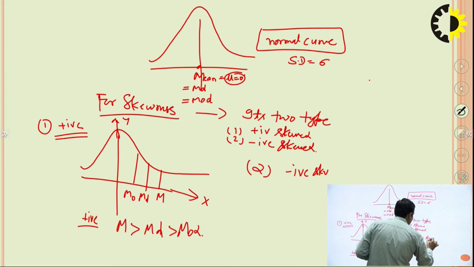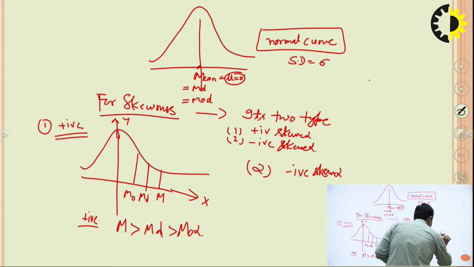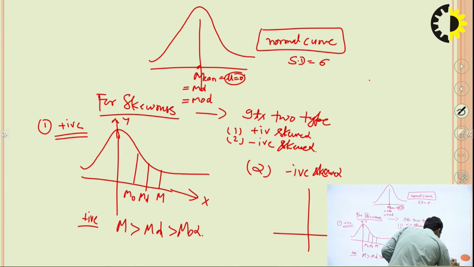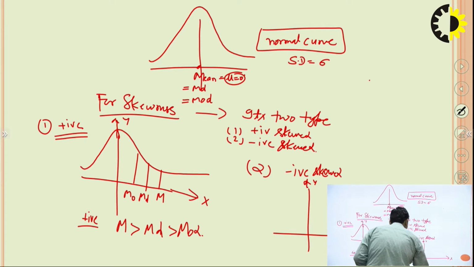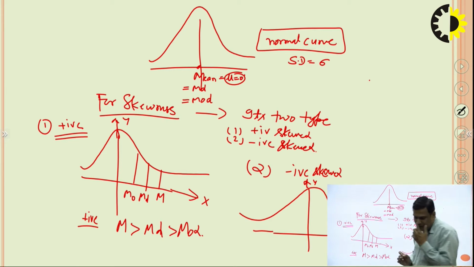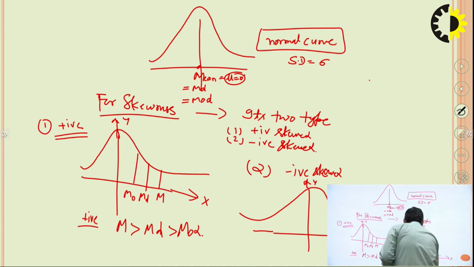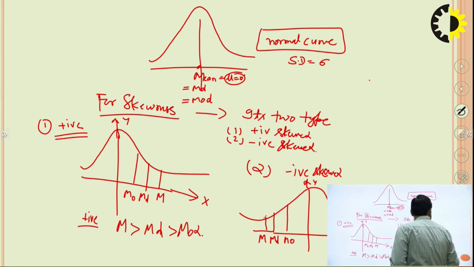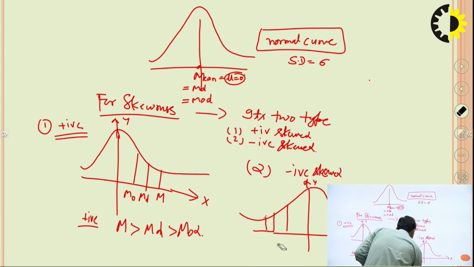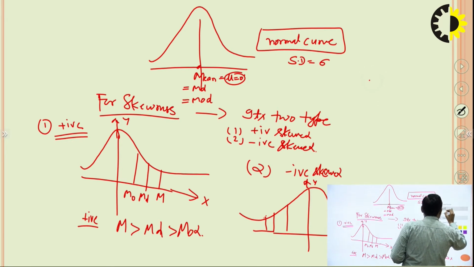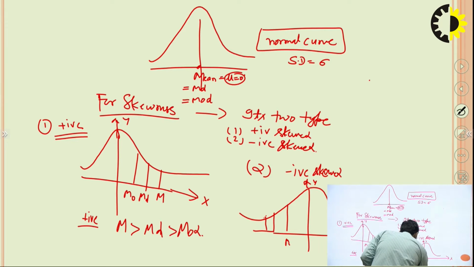Negative skewed. What is the curve? On the X, Y axes, in negative skewed, the longer tail towards Y is more than towards X. And the order of mean, median, mode is again mean, median, mode.